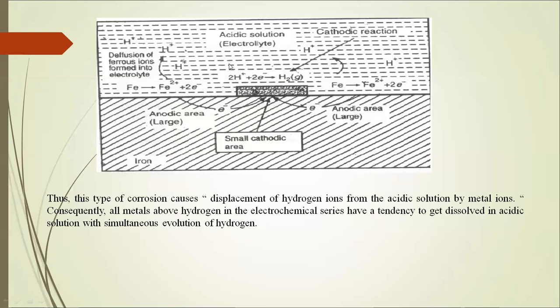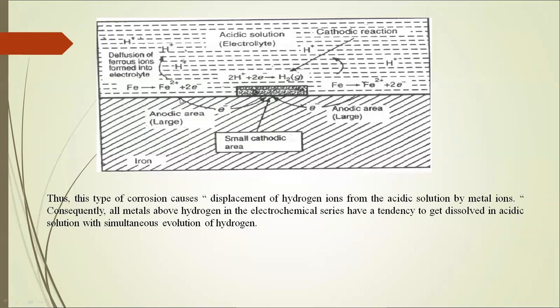One thing we need to remember in this case is that the rate of corrosion would be faster in acidic medium than in basic medium. So in case of liberation of hydrogen gas, we find a large anodic area and a small cathodic area. The large anodic area is because, as I said, the rate of corrosion would be faster in acidic medium.